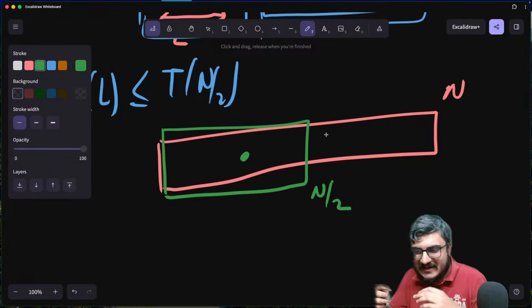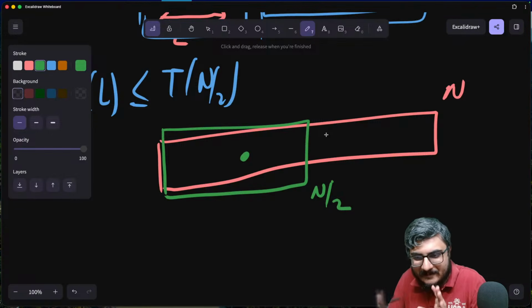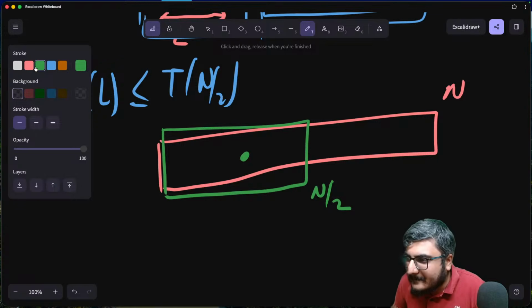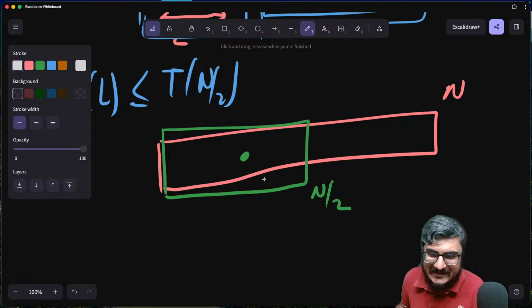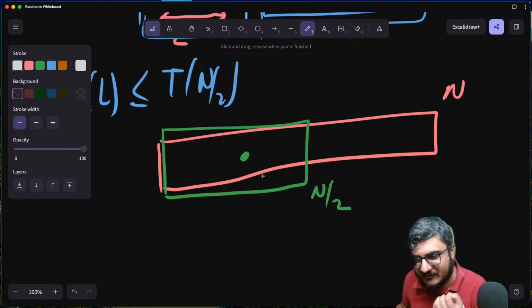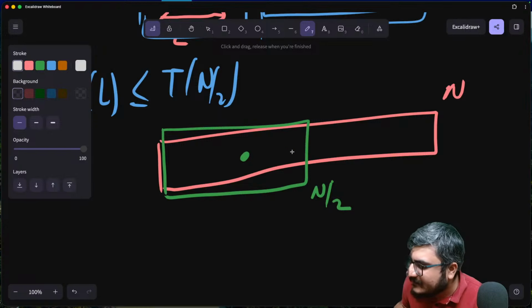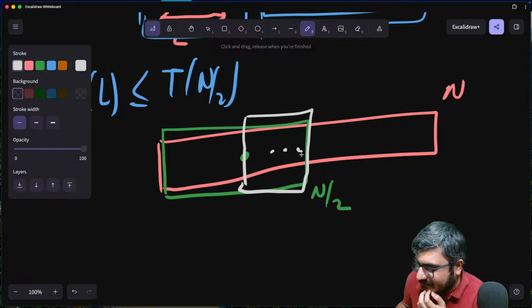Because I am saying you somehow magically find out which side of the half the element is. Now let's say you are solving this for this problem. You again somehow magically know this time one is in the right half. So if you iterate on all of these indices, the moment you find one, you will stop. Now that segment becomes less than or equal to n by 4.